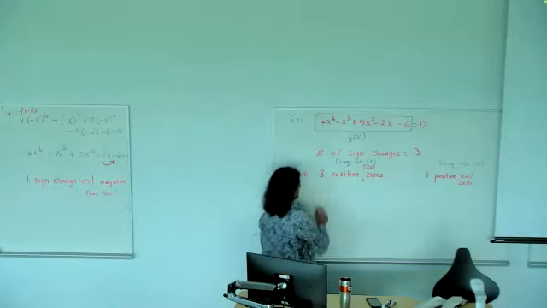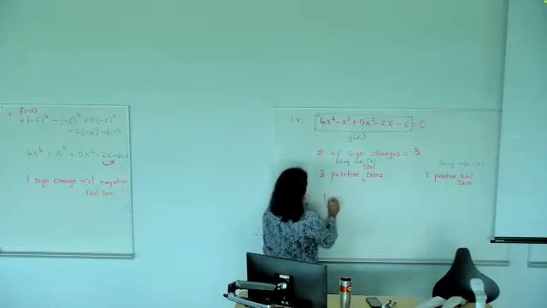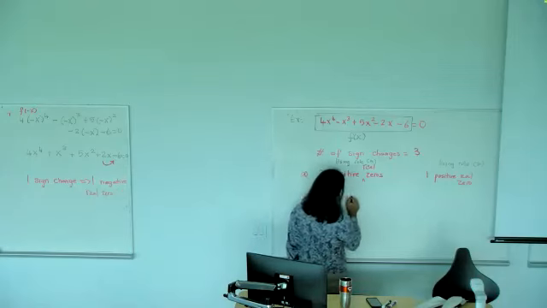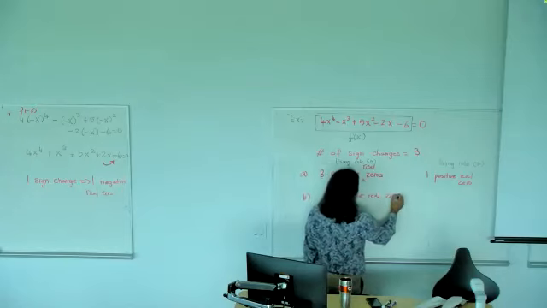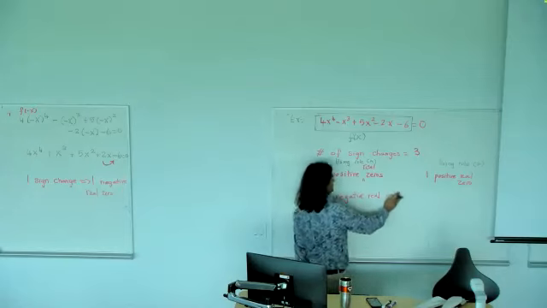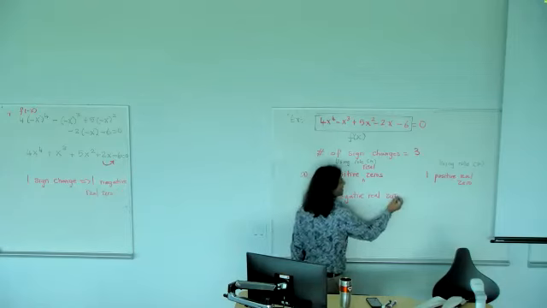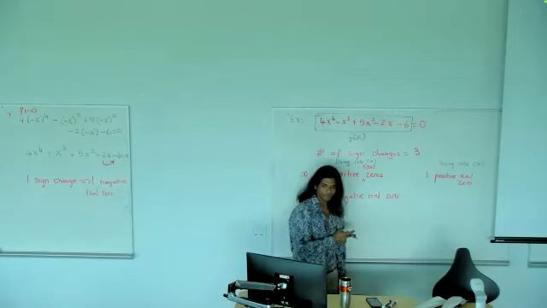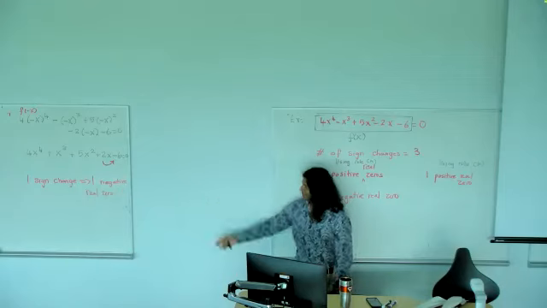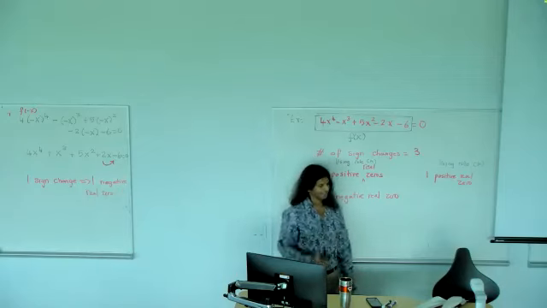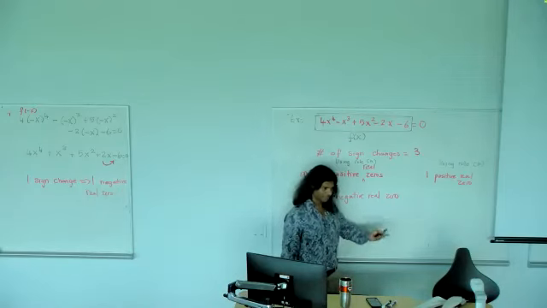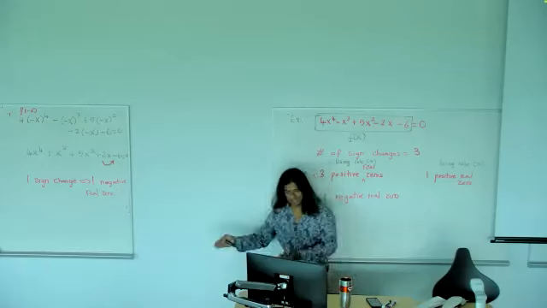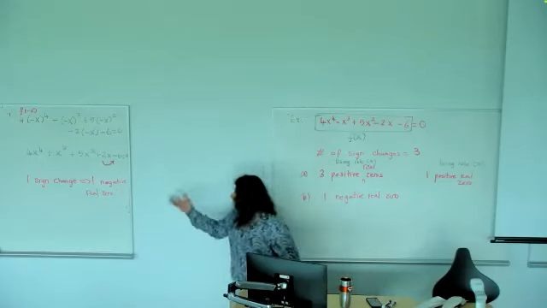So, rule A, one negative real zero. We can't even use rule B, correct? Because if you have one sign change, first of all, you can't subtract 2 and say, I have negative 1, 0. Not possible. Another condition is rule C.